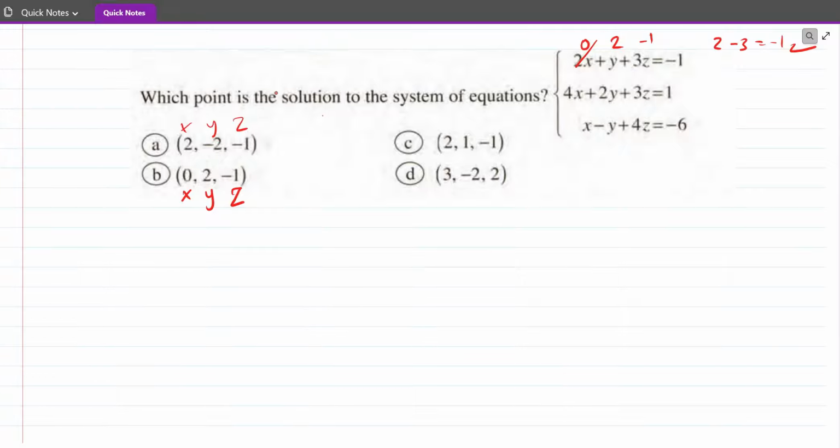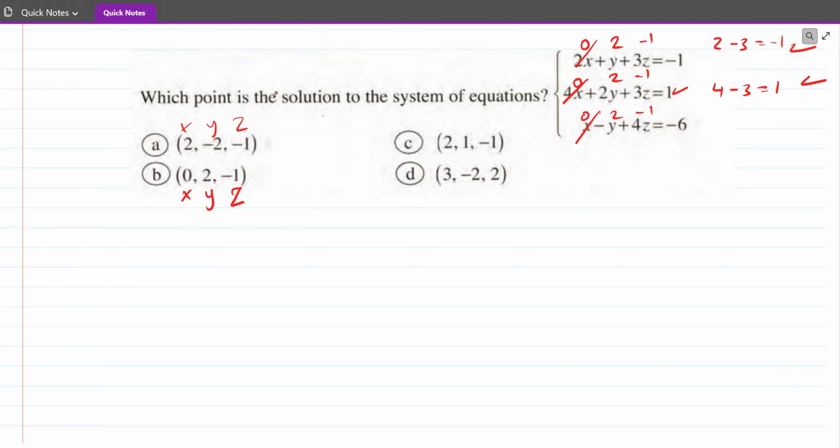Let's check this one here. 0, 2, negative 1. So this one is fully 0. 0 times 4 equals 0. 2 times 2, 4. 3 times negative 1 equals negative 3. Is that equal to 1? Yes. So this is also satisfying. Again, 0, 2, negative 1.